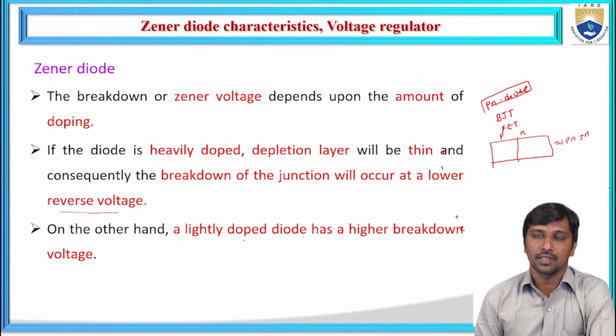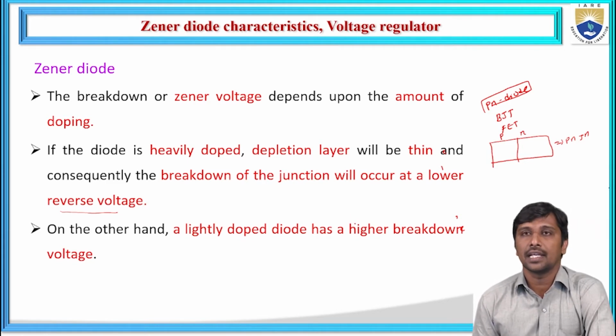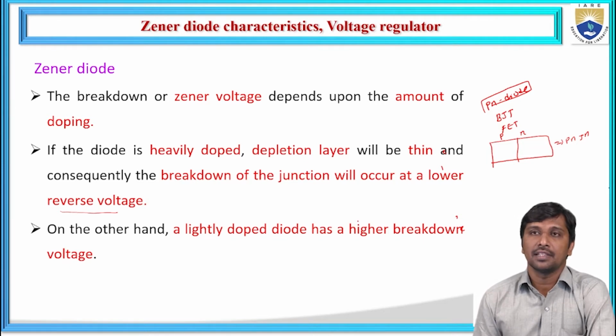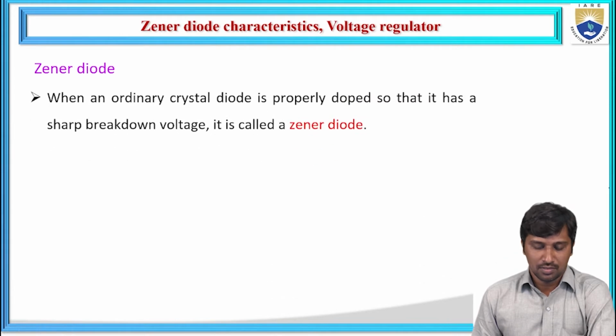Whenever the doping levels are very small, the depletion region becomes very large. Hence, it requires a higher breakdown voltage to diffuse the charge carriers from one region to the other region. So that is the reason.